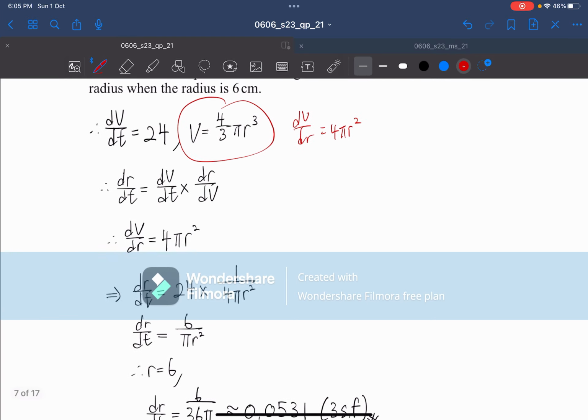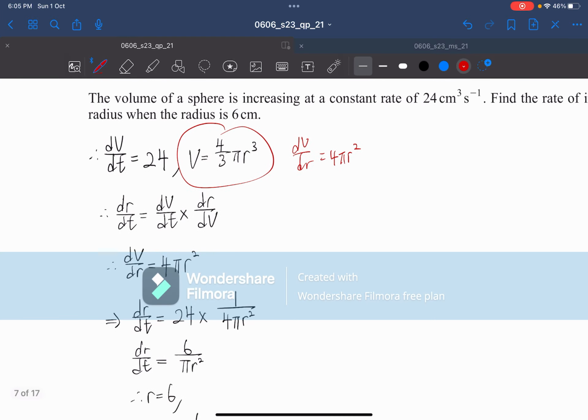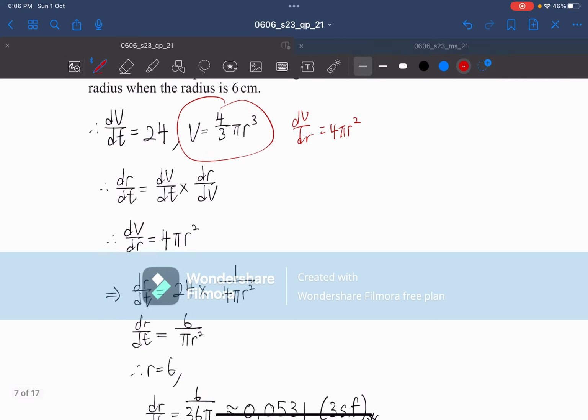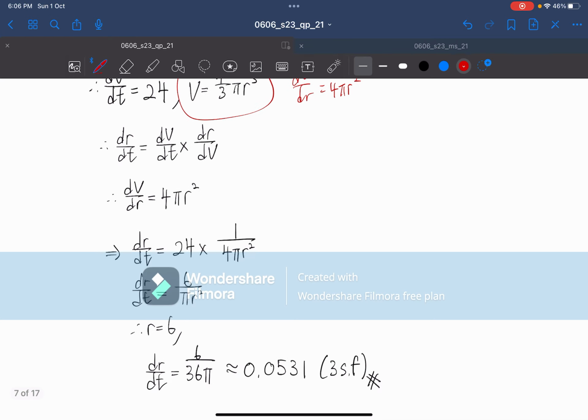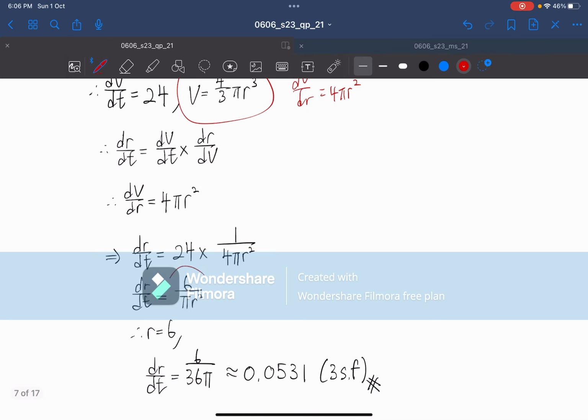So this implies that dr/dt is equal to 24, which is the value of dV/dt, I just substituted in, times 1 over 4 pi r squared. Why? Because this is dr/dV and this is dV/dr, so you have to put a 1 over. And simplify it, you get this.